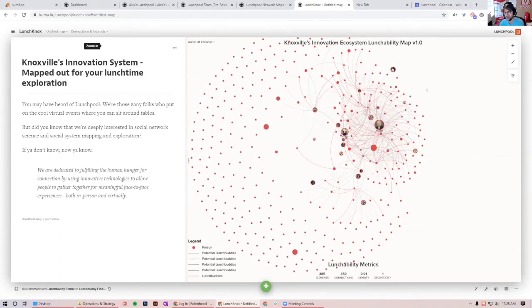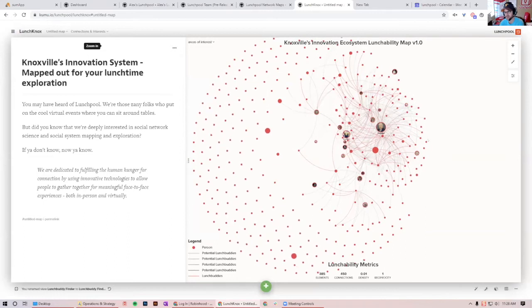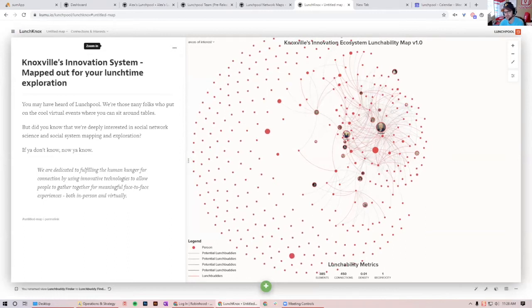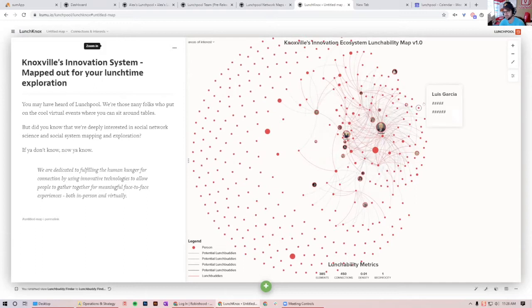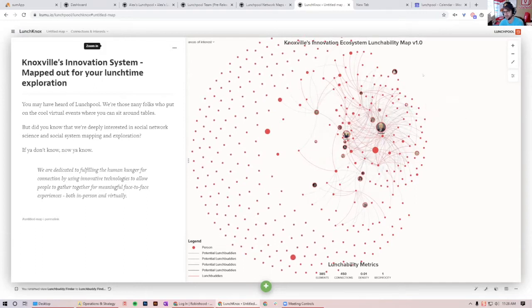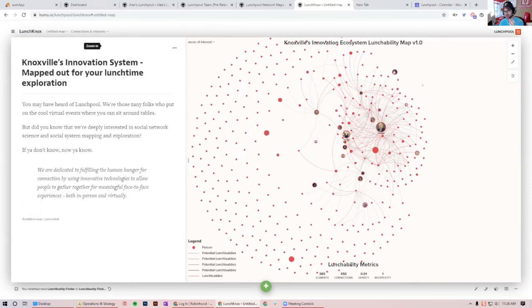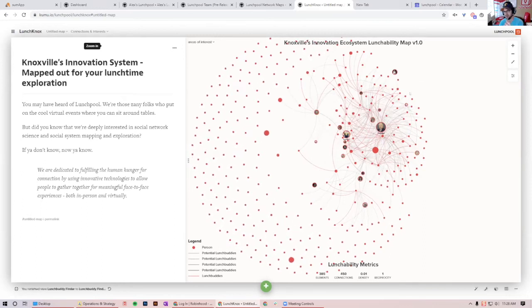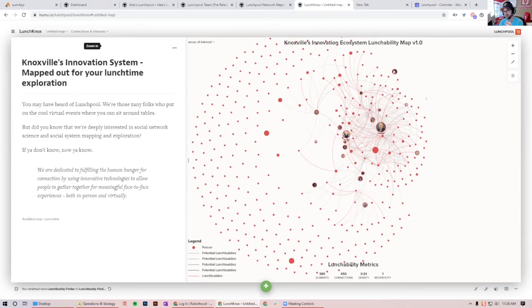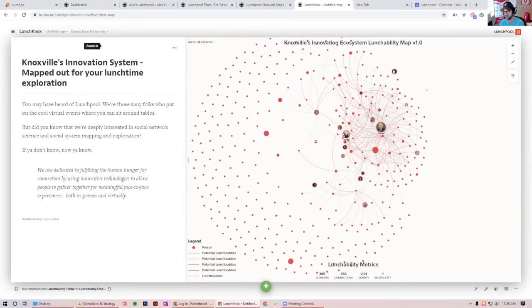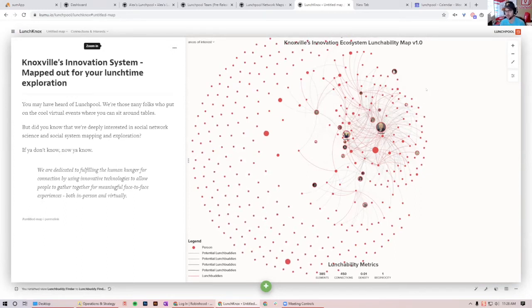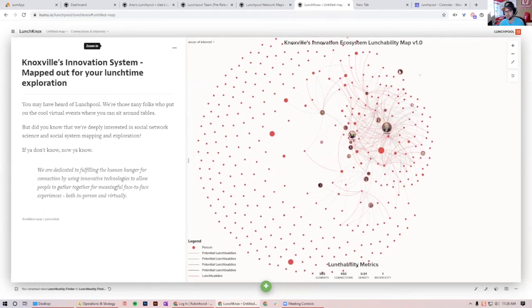And so we got invited to do a ton of events in Knoxville, and I had that list of people that came to those events. The events were, you know, the Knoxville Technology Council, the Knoxville Entrepreneur Center, events that had people who were part of the ecosystem.